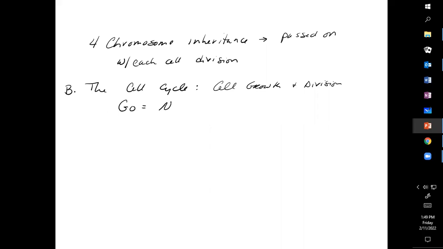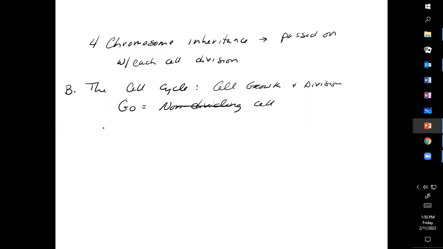This is a non-dividing cell. So it's not actively undergoing growth and division. But stem cells that you've probably heard of, and particular types of body cells like your blood cells, especially if you have an infection, skin cells, and intestinal cells, are actively undergoing growth and division.